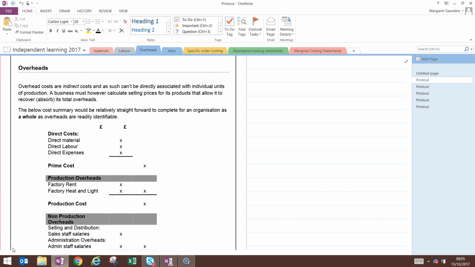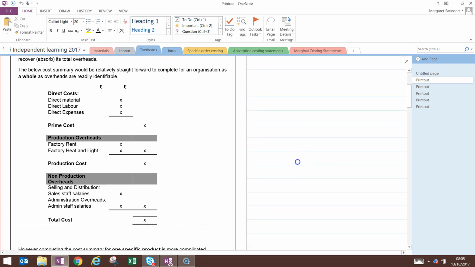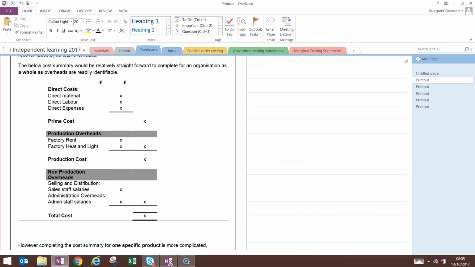Referring to this cost summary, we can see that our prime cost is made up of our direct costs, so that's direct material, direct labour and direct expenses, and then we add our overheads. Firstly, we add the production overheads. We've got a couple of examples.